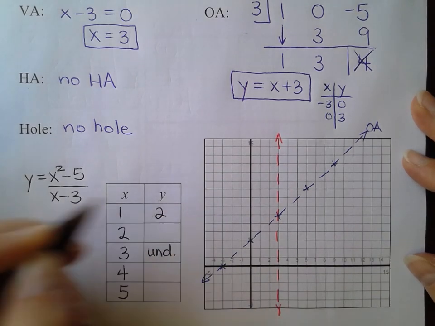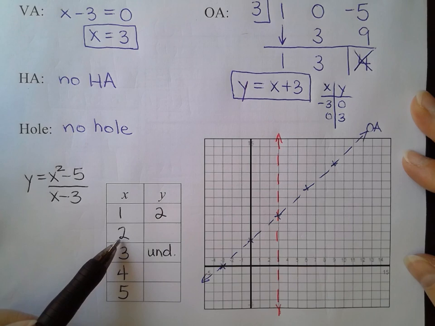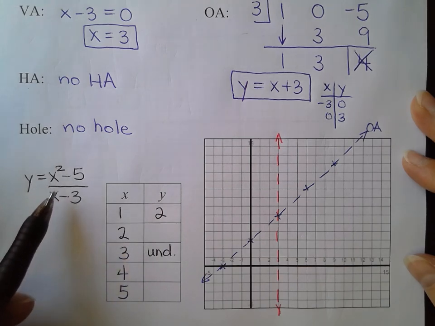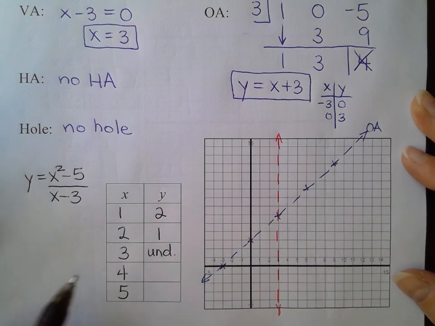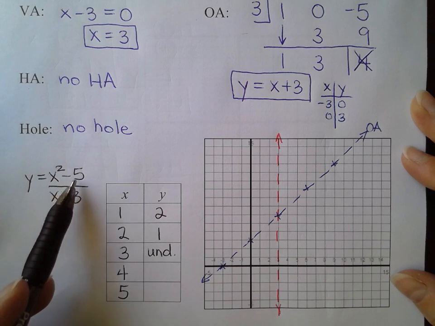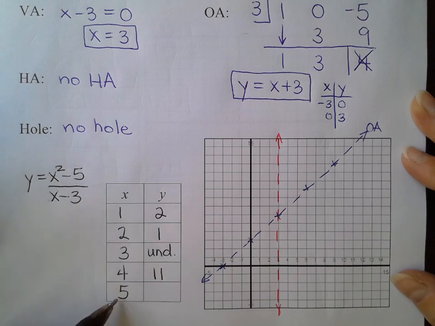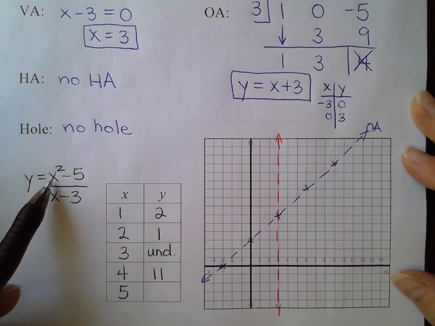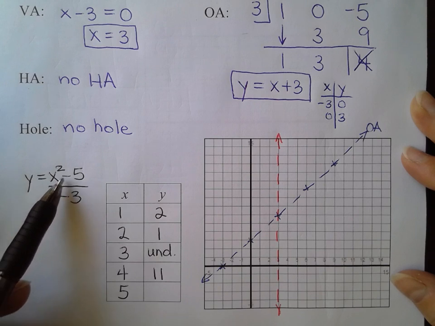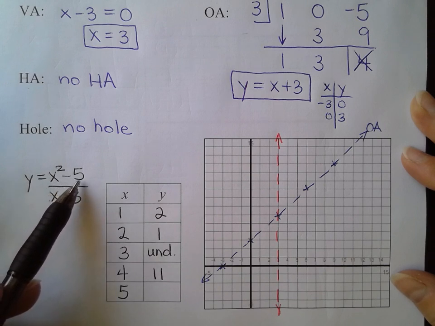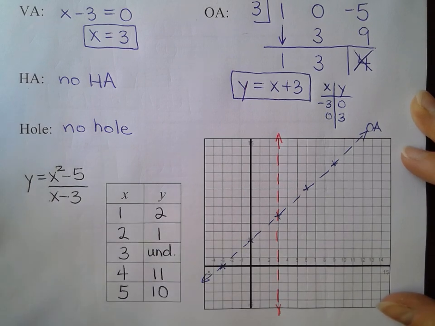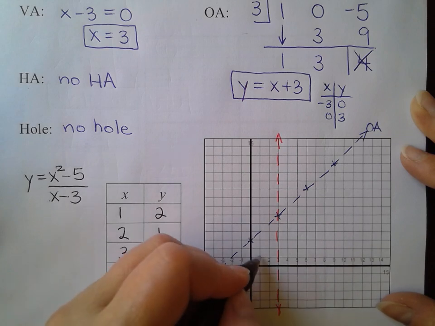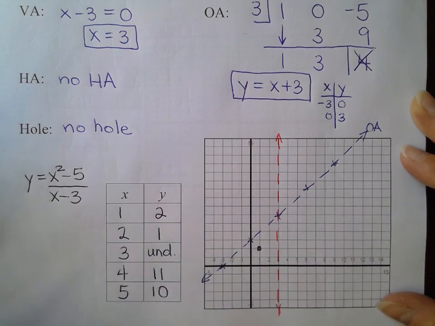If I plug in 2, I'm going to have -1 over -1, so that's 1. If I plug in 4, I'm going to have 16 minus 5, that's 11 over 1. And if I plug in 5, I'm going to have 25 minus 5, that's 20 over 2, so that's 10. Okay, so I have the point 1, 2, the point 2, 1.